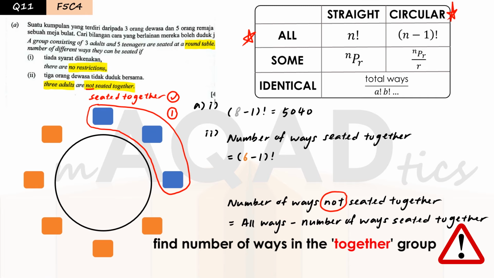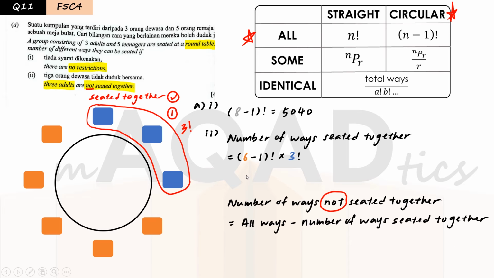So here we need to find the number of ways to arrange these 3 adults, which will be 3 factorial, because we are arranging 3 persons within the group. So it's multiplied by 3 factorial. And with that, we have found the number of ways they are seated together, which is 720.